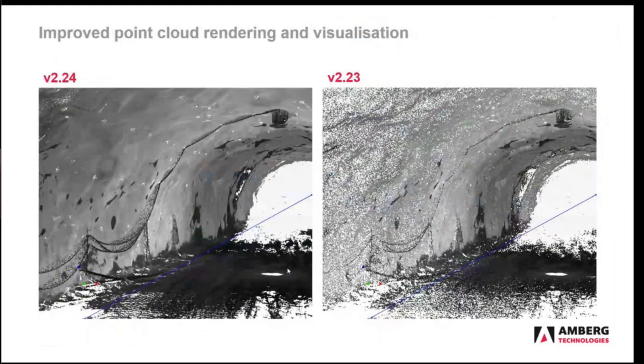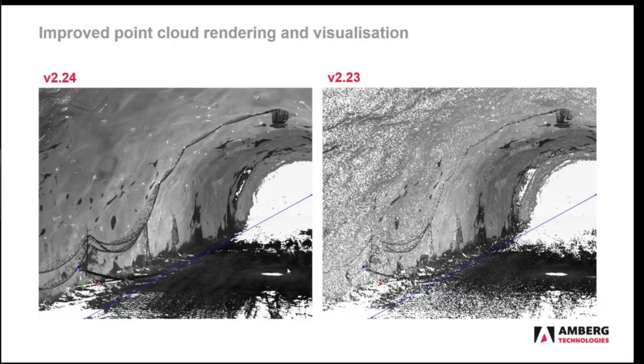Okay, so for Tunnelscan, we've done quite a lot of work to improve performance, especially when dealing with high resolution, high density point clouds. For example, if you consider a medium or high resolution RTC 360 scan, this can have up to 150 million points.